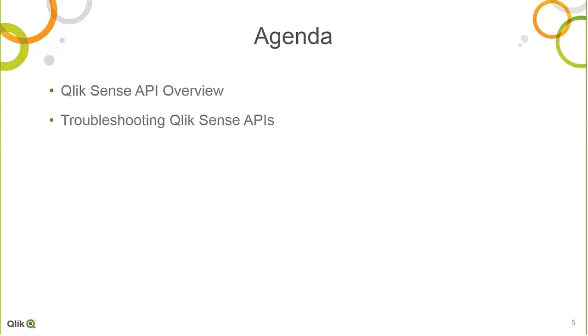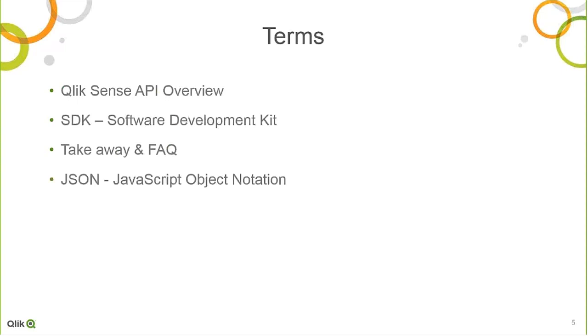Afterwards, we will share some thoughts and troubleshooting experience on Qlik Sense APIs, about how, as Qlik support, we troubleshoot problems with our customers and partners. By the end, of course, we will conclude everything and make some takeaways for you. I will also try to answer your questions in the FAQ session.